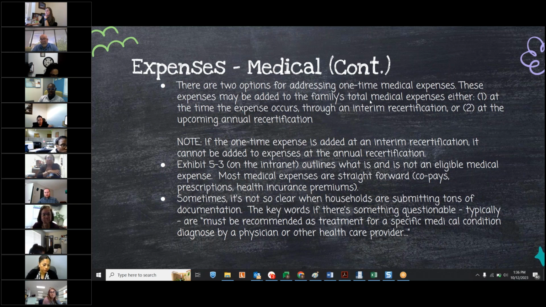The issue is, whenever your next AR is, if it's a month later or 8 months later, at that point, we're taking it off. If we save it for the AR, then you're going to get credit for that expense for the full year. And it's not an option to do an IR now and then another IR in 12 months. It's only good through the AR date. HUD outlines that clearly.